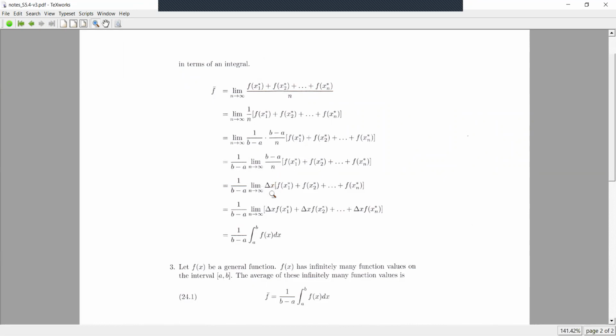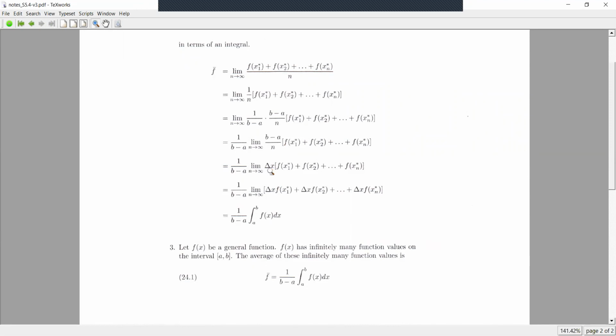Delta x is the length of each subinterval. So b minus a over n is delta x, the length of each subinterval. Now I distribute delta x to all the terms in this sum to get this equation.